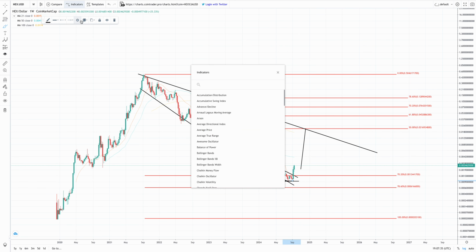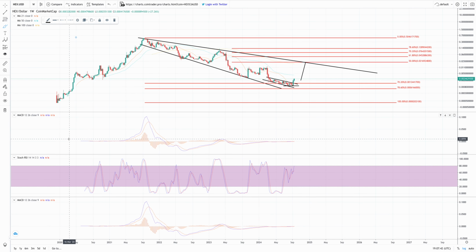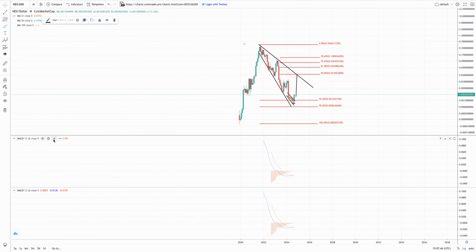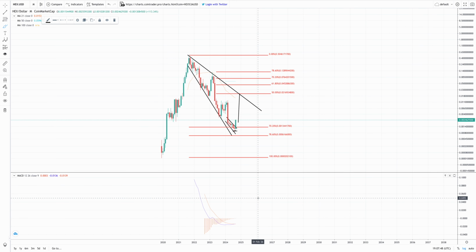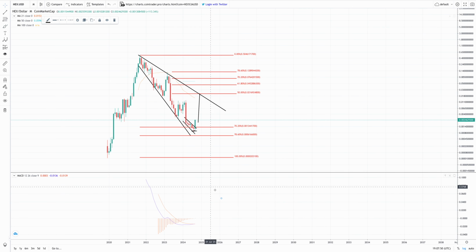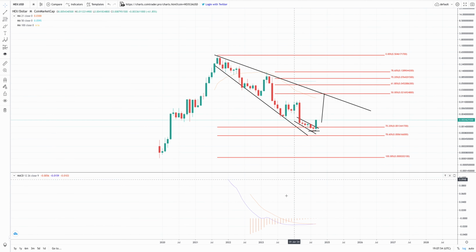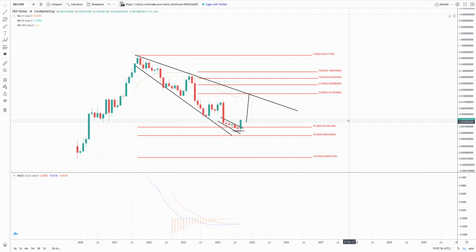And we also have monthly MACD to back up our bullish bias. So taking a look here at the monthly MACD on eHEX, look at this. You see how it crossed over here? So it's crossing upwards, a very significant histogram turning up towards the 0 line.